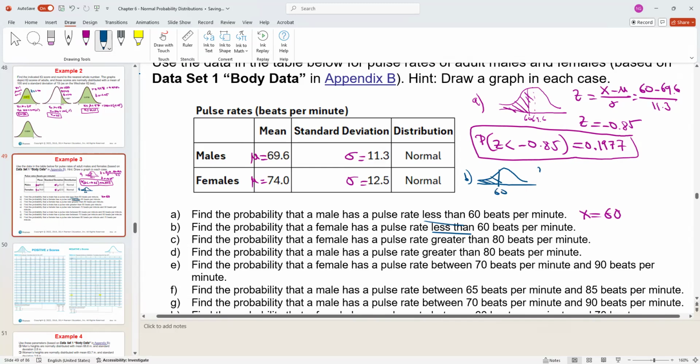So if you convert 60, minus the mean for female 74 over 12.5, the corresponding Z would be negative 1.12.